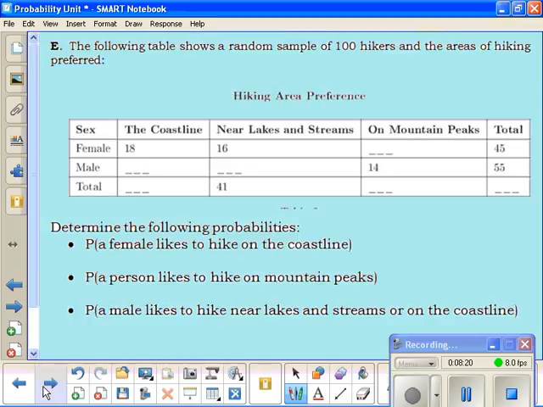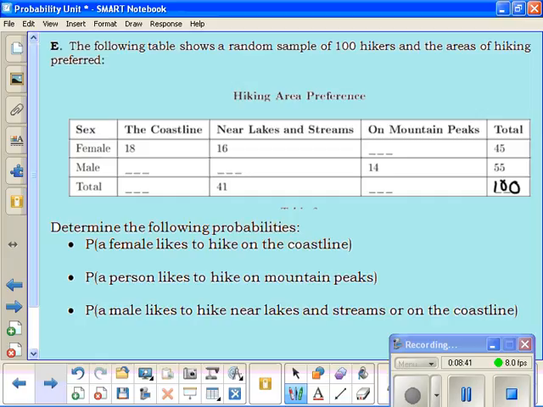All right, going on. The following table shows a random sample of 100 hikers in the areas of hiking preferred. So it lists some items. We know there's a total of 100, so we need to be able to fill in the table as well based on what they give us. So we know there's a total of 100 hikers, so we can fill in that one. What else can I fill in?